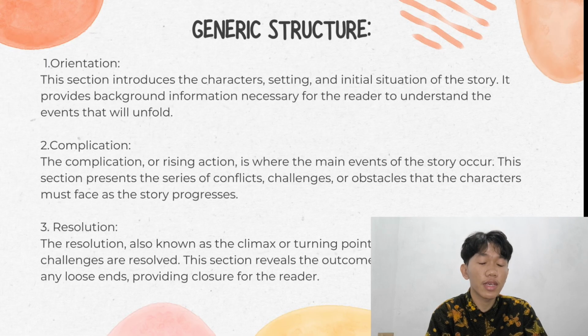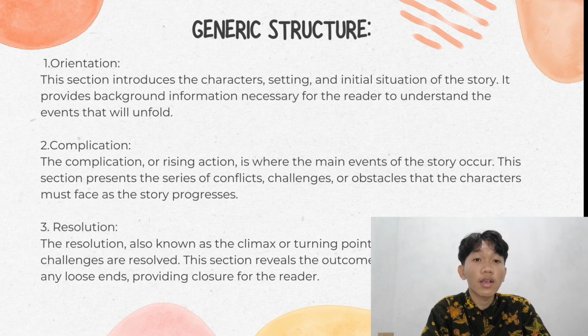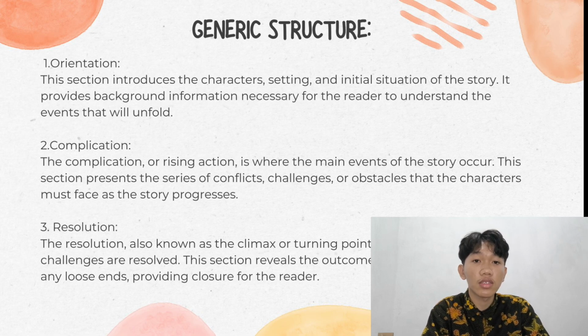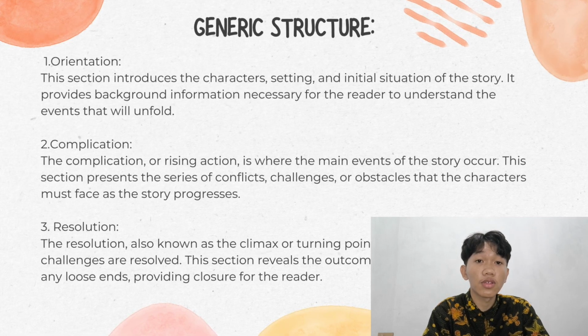Two is complication. The complication or rising action is where the main event of the story occurs. This section presents the sense of conflict, challenge, or obstacle that the character must face as the story progresses. Three is resolution.